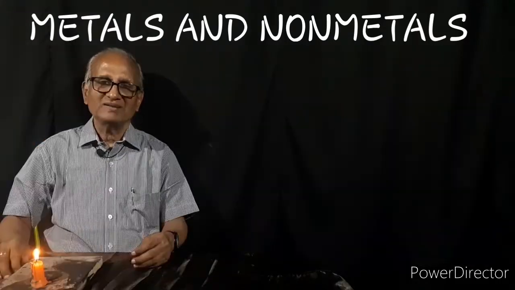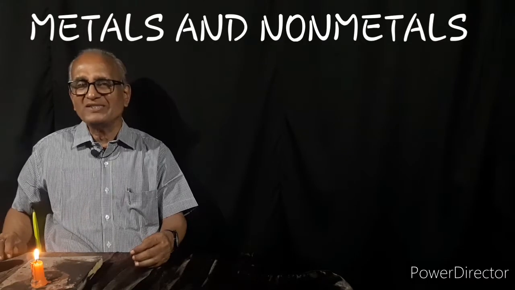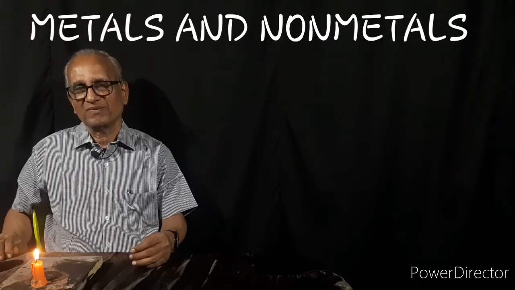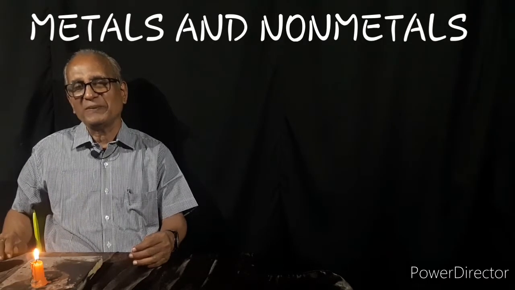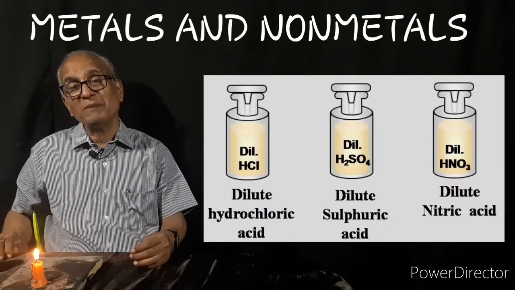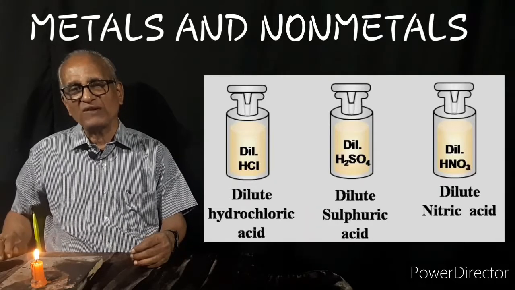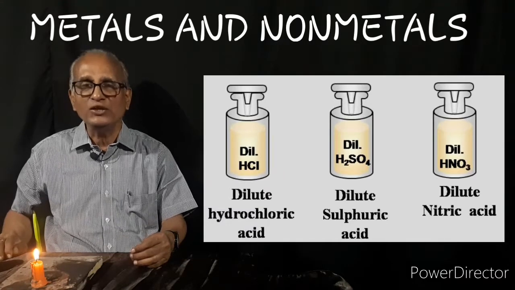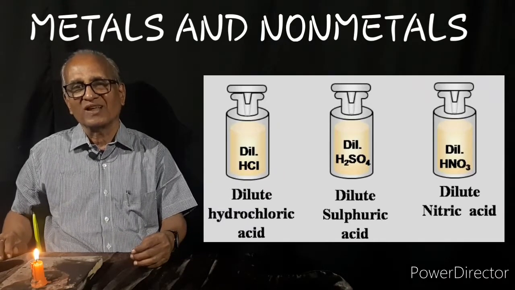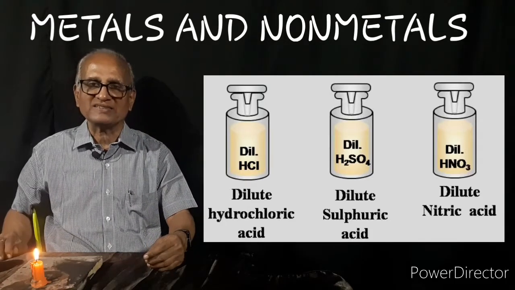Right? Children, we have seen that metals don't react with water very much. But when water has become acidic, or acids like sulfuric acid, nitric acid, hydrochloric acid, they are diluted. They act very well with those dilute acids.